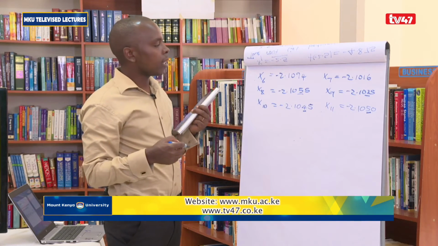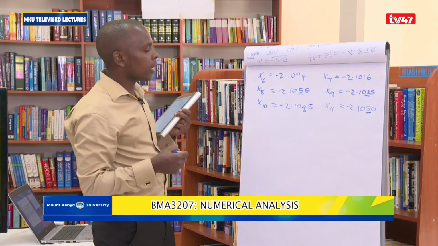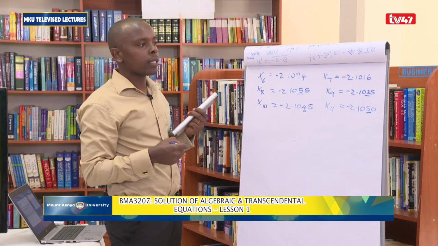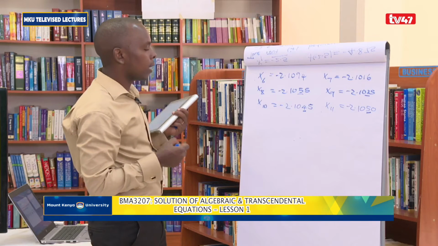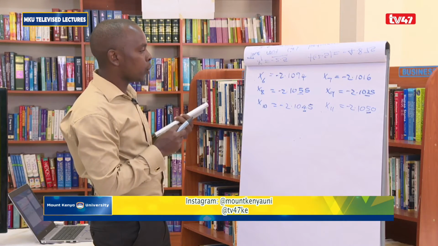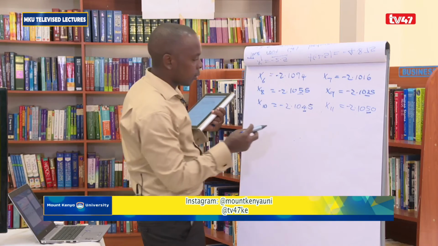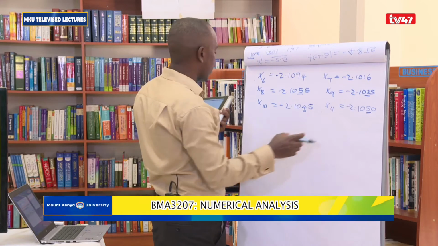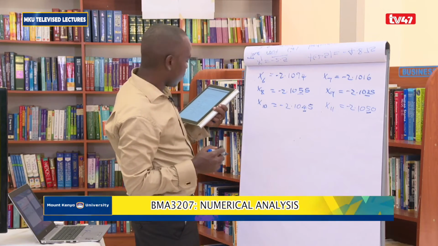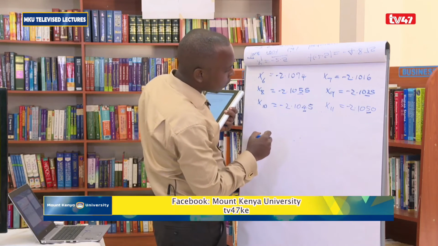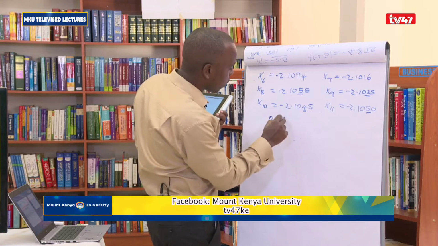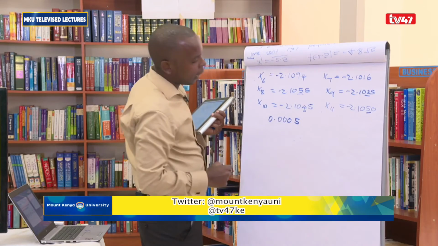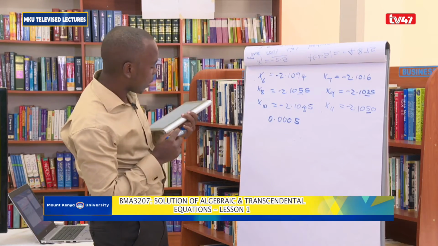What is important is that whatever approximation you give should be significant, in the sense that the absolute error or the relative error should be very small. If you look at the difference between x10 and x11, we can see that it is very small: 0.0005.